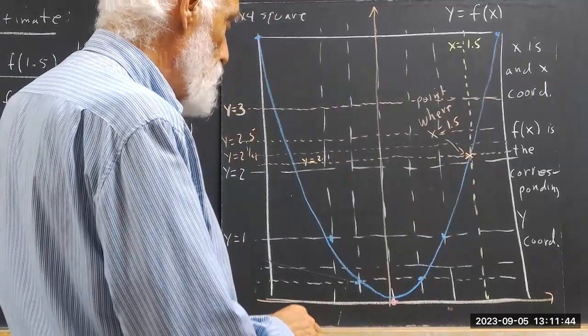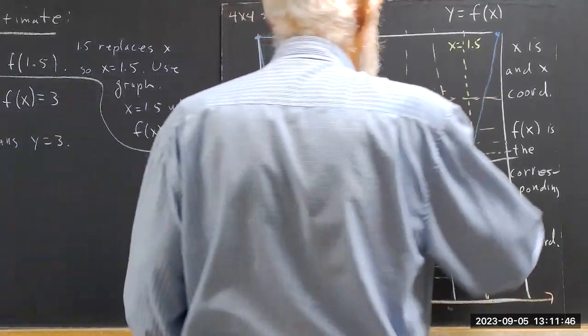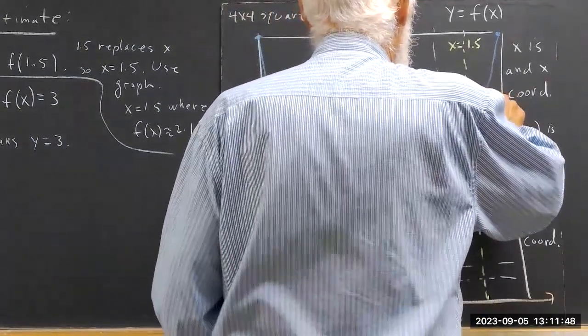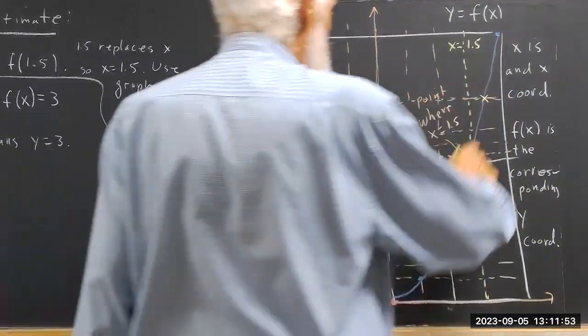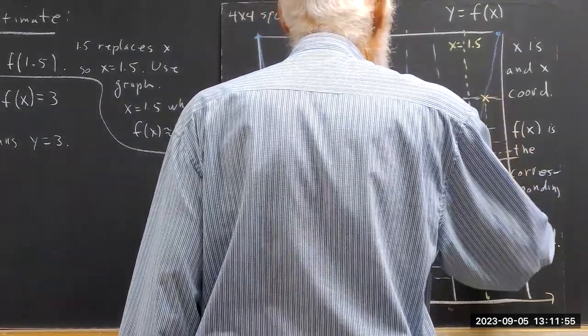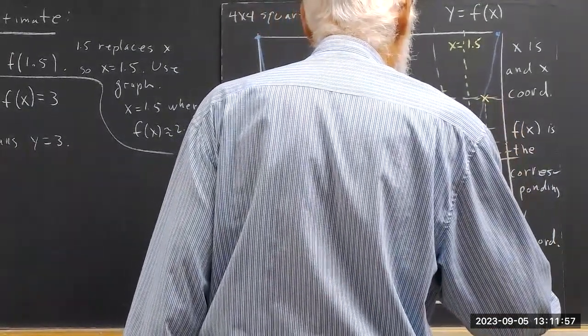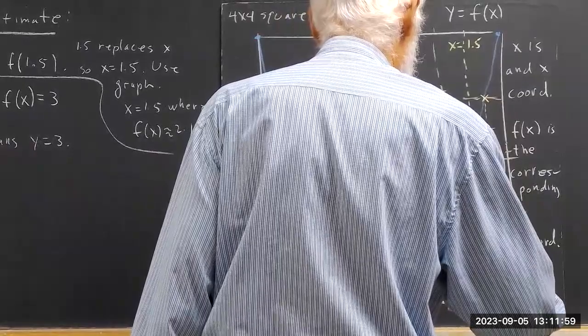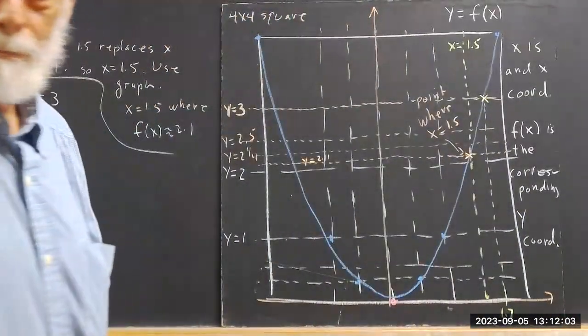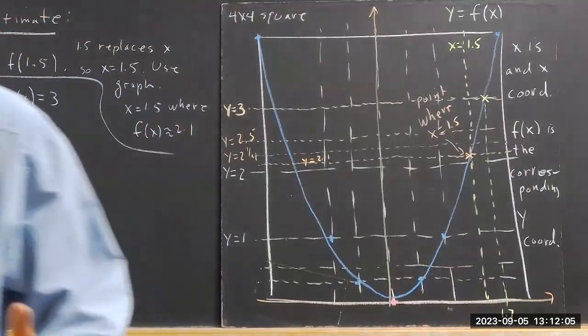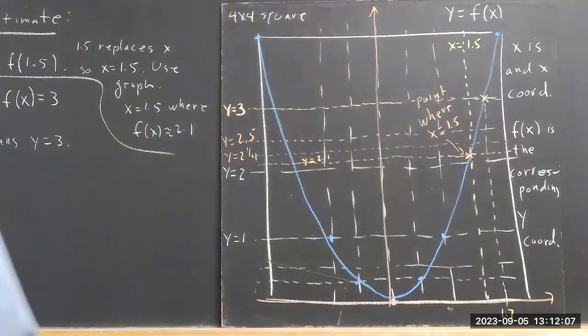And we can estimate with that point where the y equals 3 line meets the graph here. We've actually already done this. Most people got the 1.7 estimate. Some people said 1.75, which is actually closer. 1.732.